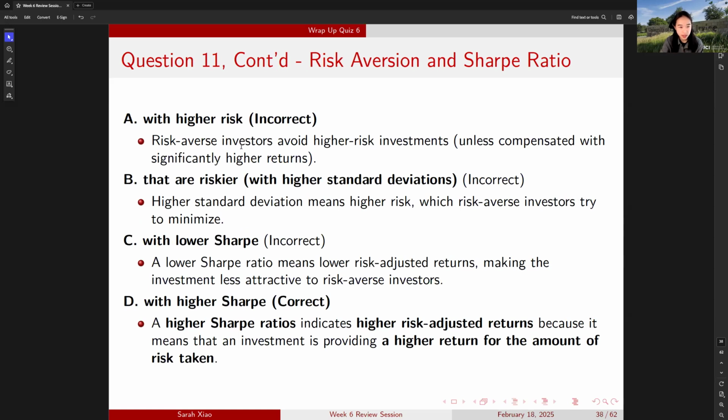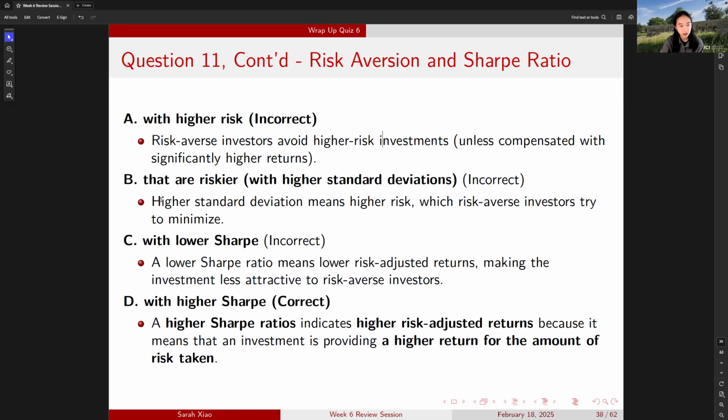Because risk-averse investors will avoid higher risk investments, they will avoid option A, higher risk. Note that risk-averse investors will only accept higher risk if it is compensated with significantly higher returns than the risk in the investment.